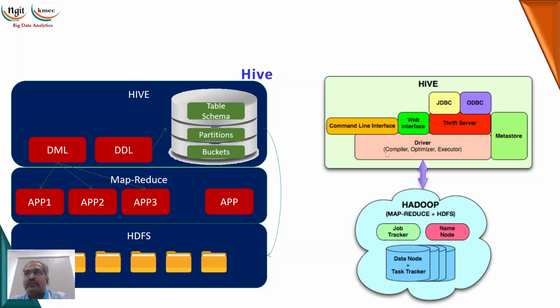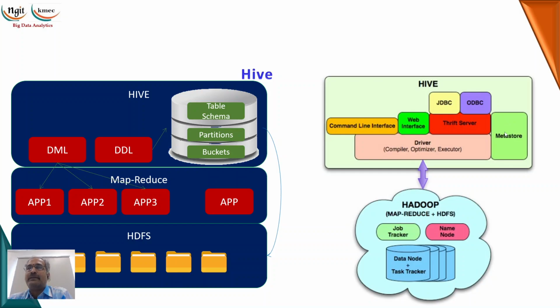Now this is the formal architecture of the Hive. The Hive has the command line interface, which provides the environment to give the queries. The queries have to be converted into MapReduce applications, and there will be a driver consisting of the compiler, optimizer, and executor. The compiler converts the queries into MapReduce applications, the optimizer will optimize the execution order and execution styles, and the executor will execute the programs on top of the Hadoop environment.